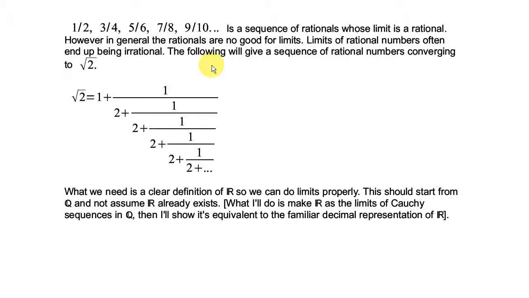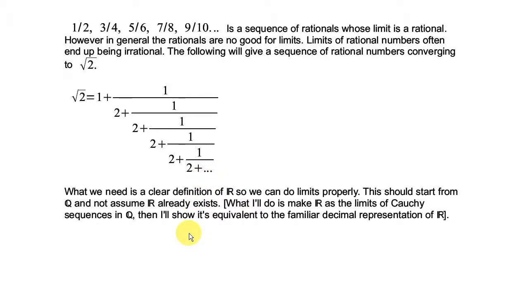You have to consider the reals, because usually the limits of rational numbers end up being irrational, as you can see from this example below, where the limit of this sequence, it continues indefinitely, is the square root of 2, which we've already shown is irrational because it's not an integer. And this, by the way, is called a continued fraction. It's not of much use outside of number theory, but I thought I'd just give you that as an example.